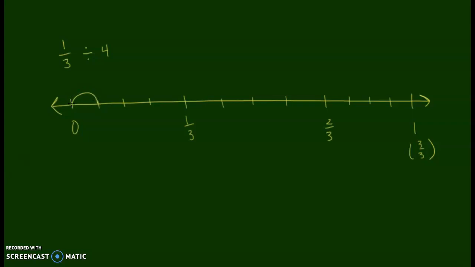Well, let's count. So we've got 1, 2, 3, 4, 5, 6, 7, 8, 9, 10, 11, 12. So 1/3 divided by 4 is equal to 1/12.